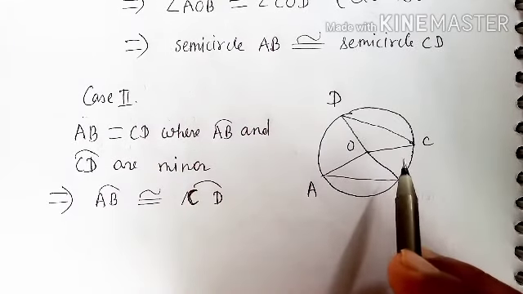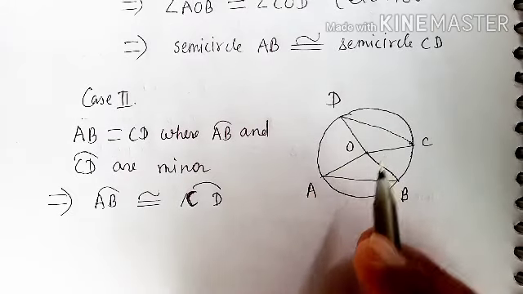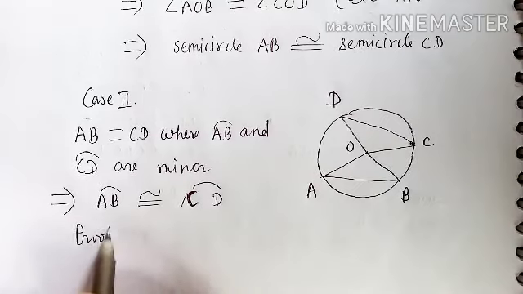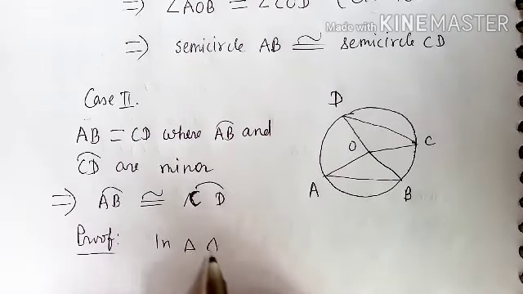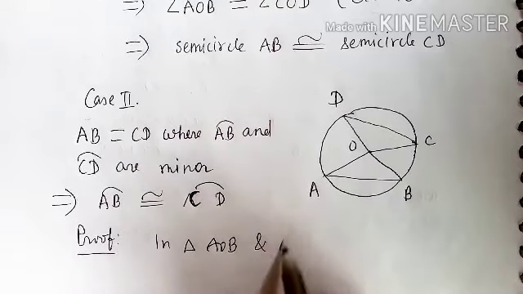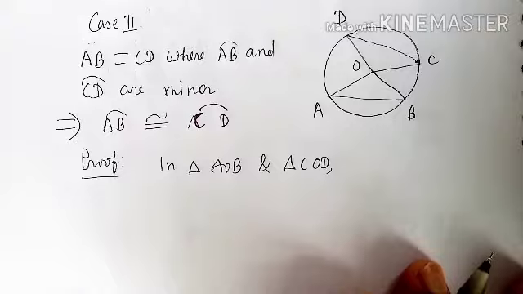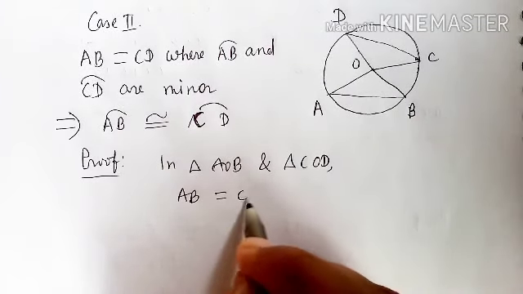For that we have to make angle AOB equal to angle COD. For that we have to prove congruence. So proof: in triangle AOB and triangle COD, AB is equal to CD, given.